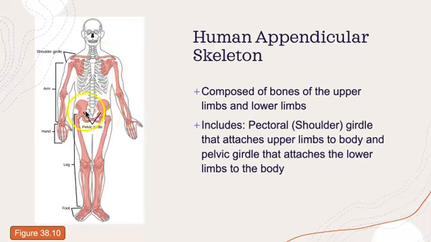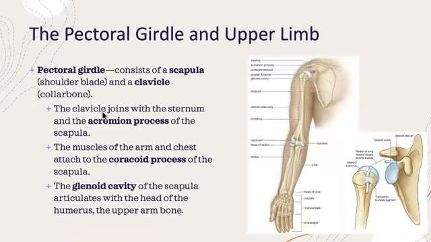And then we have our pelvic girdle that is attaching our lower limbs to the body. We'll start off with our pectoral girdle. Our pectoral girdle is going to consist of the scapula, which is our shoulder blade, and our clavicle, which is known as the collarbone. Notice how we are not including the humerus here. It's only these two structures that make up the pectoral girdle.